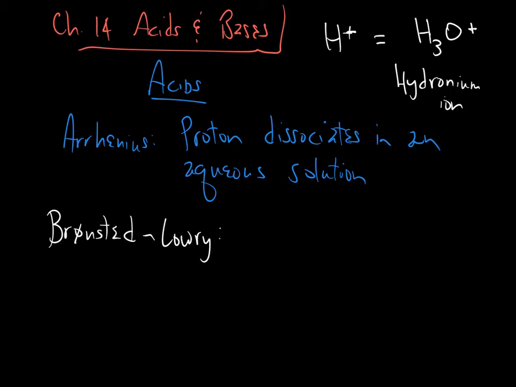What Bronsted-Lowry says, in the simplest way, is that an acid is a proton donor. It's essentially the same thing, except you can use the Bronsted-Lowry definition without water being around. Arrhenius, way back in the ancient days, typically only talked about water with respect to acids and bases, whereas this one you could use in any type of solution. It doesn't have to be a water-based solution.